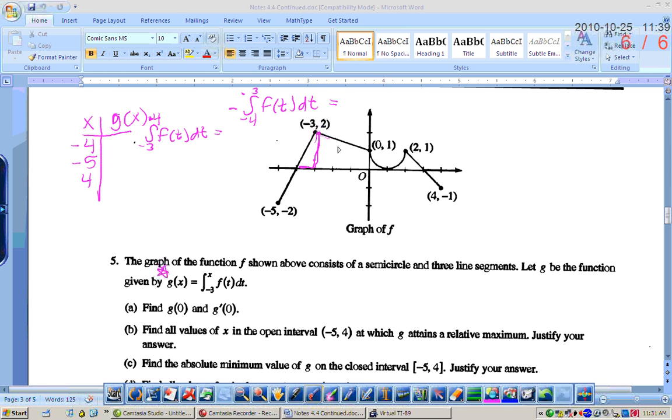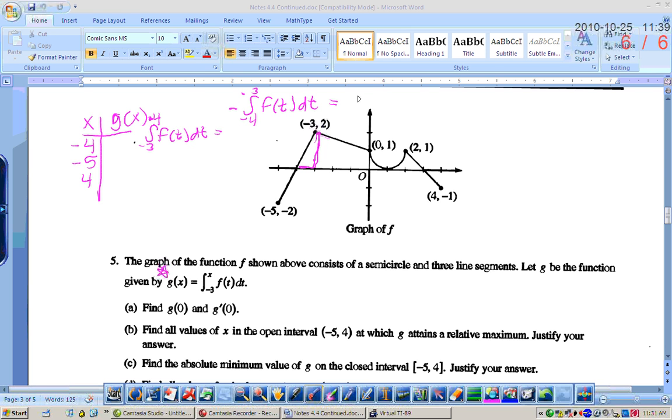Well, because an absolute minimum can only occur at a relative minimum or an endpoint. No. I mean, if you wanted to include the relative maximum, you could. All right, so technically the area of that triangle is 3/2.